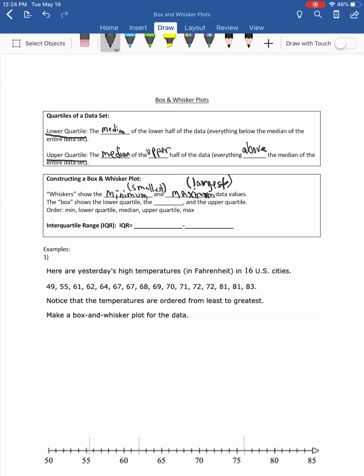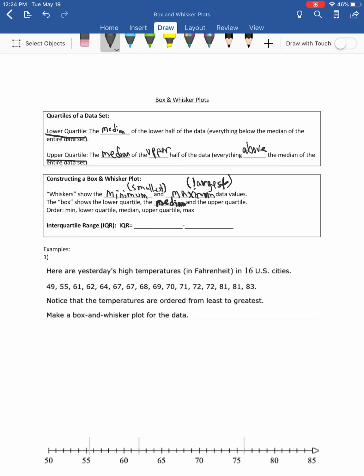The box shows the lower quartile, the median, and the upper quartile. The lower quartile and the upper quartile, again, are medians as well, but they're medians when you separate the data into the lower half and the upper half.